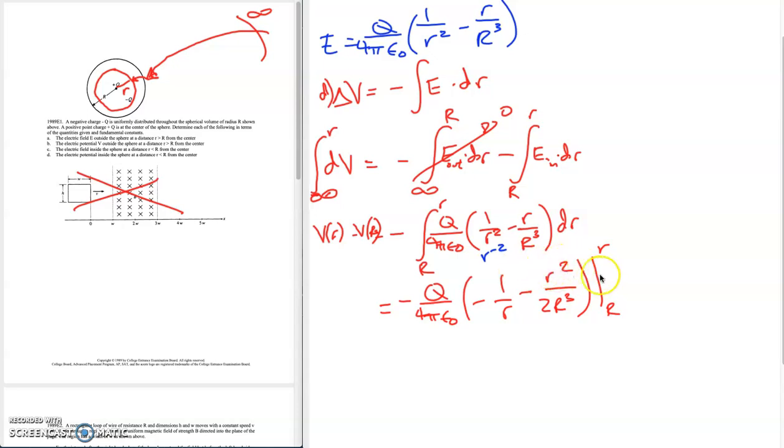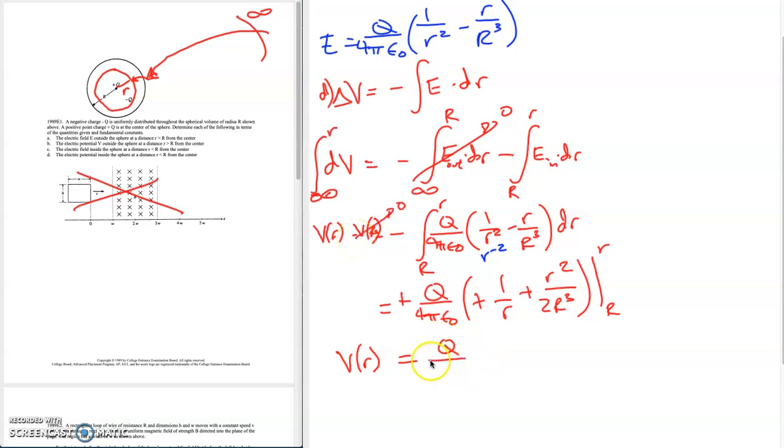All right, now cleaning this up a little bit, meaning putting in the little r, putting in the big R, and then distributing that minus sign, which we could just distribute like this. And then we have little r minus big R. We're going to get V of r, because again, remember at the surface, that guy's going to be 0.